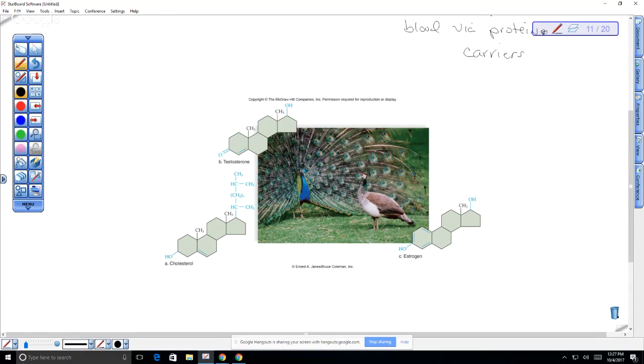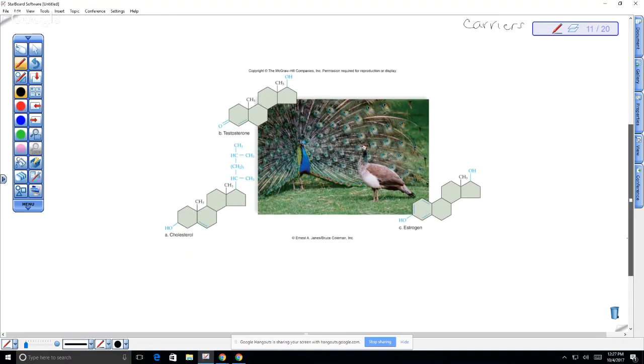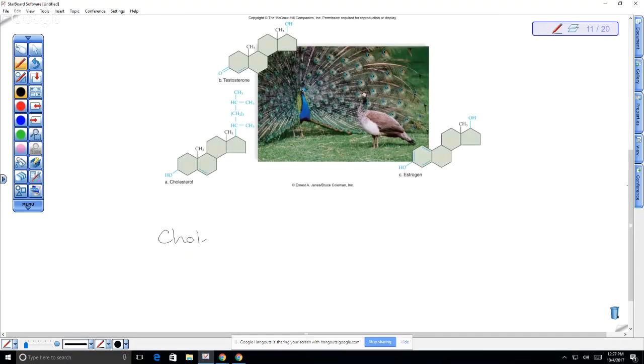Now, you'll also notice that there is a cholesterol molecule. Cholesterol is also a steroid. This is a precursor to the sex hormones or the sex steroids. So cholesterol is needed to produce testosterone and estrogen.